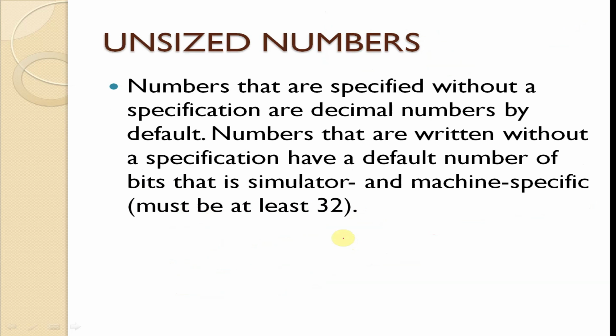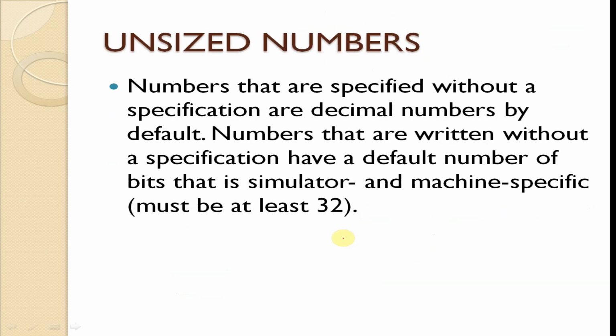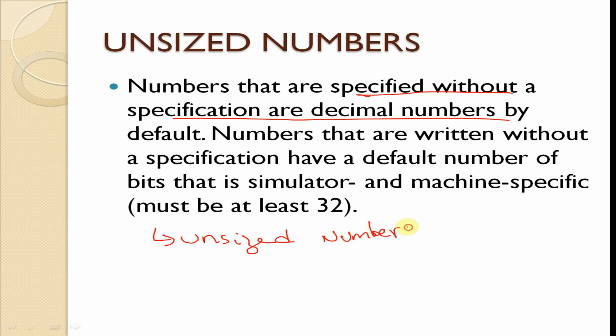Yeah, so this is about the sized numbers. And coming to unsized numbers, the numbers that are specified without a specification are decimal numbers by default. Now let's discuss this. For representing unsized numbers, in case of sized numbers, we write the format size followed by base format followed by the number.